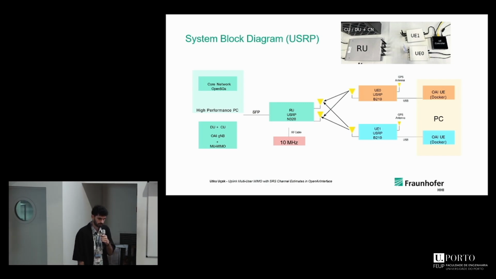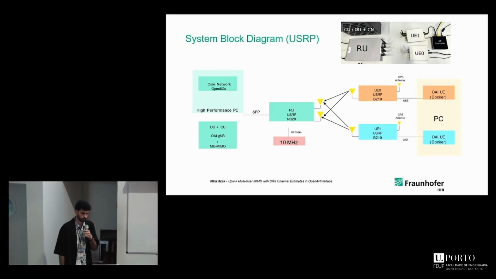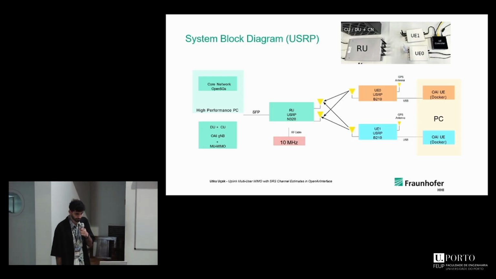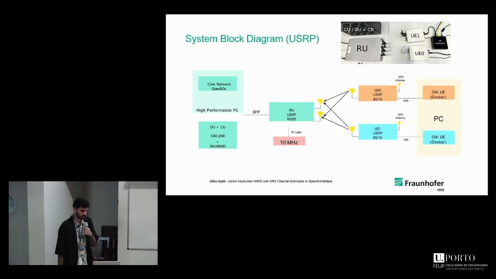On the other side, we have a smaller PC running two Dockerized instances of OAI UE connected to USRPs. And we have some frequency stabilization peripherals, namely the 10 megahertz reference clock for the gNB side and a GPS signal for the UEs.